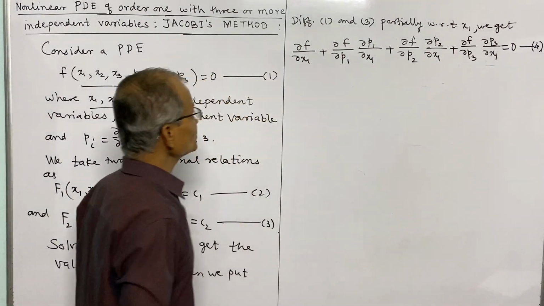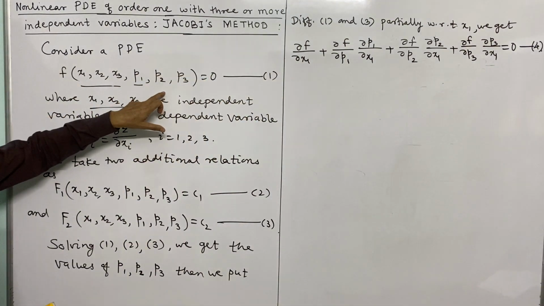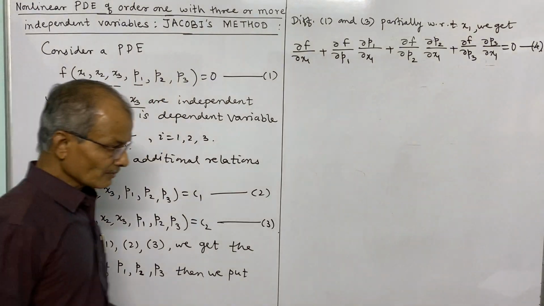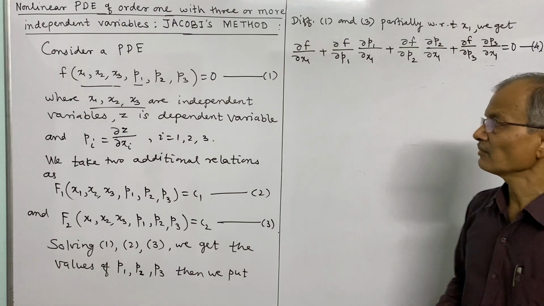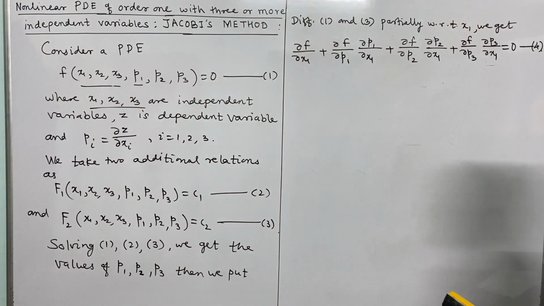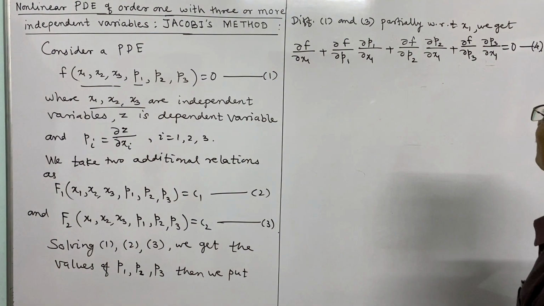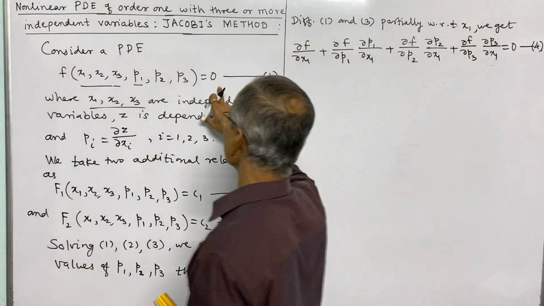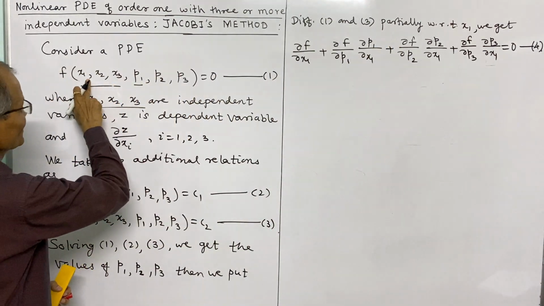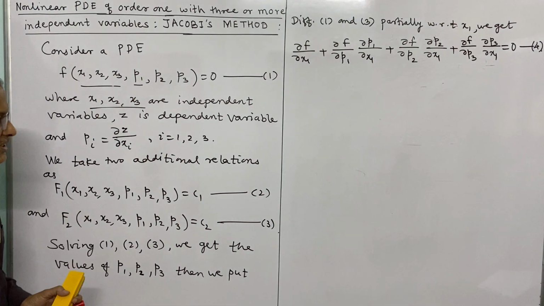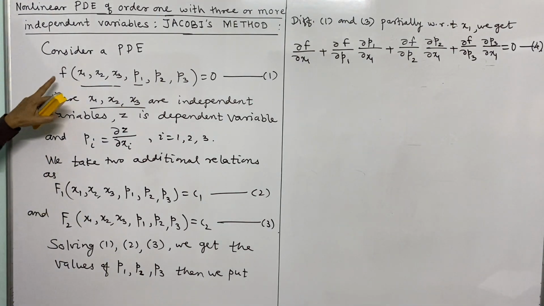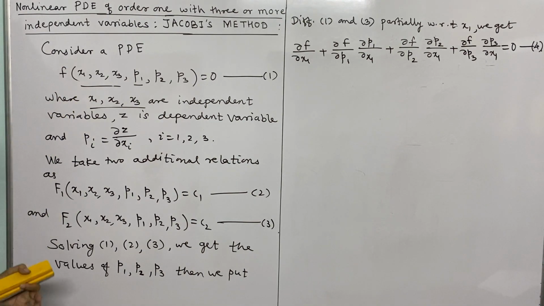See, we have differentiated 1 partially with respect to x1. You observe this step carefully, and if you understand this, then the remaining part will be as usual. Now we have written 1 and 3. 1 we have differentiated with respect to x1. Similarly, 2 we should differentiate with respect to x1. What is the change here is that in place of small f there is capital F1.